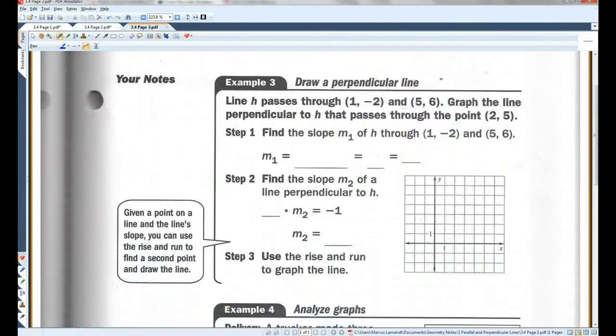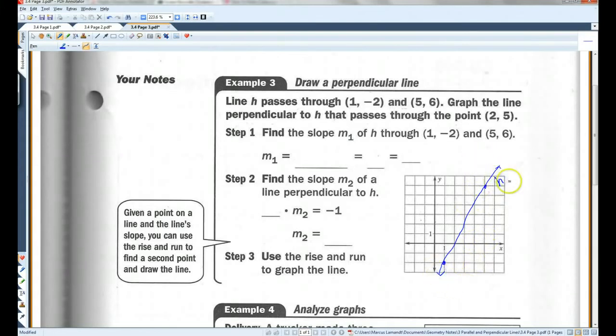Line H passes through 1, -2. 1, -2 is here. And 5, 6. So 1, 2, 3, 4, 5. 5. 1, 2, 3, 4, 5, 6. So let's see if I can draw a straight line here. Third time's a charm. Okay, kind of straight. There we go.